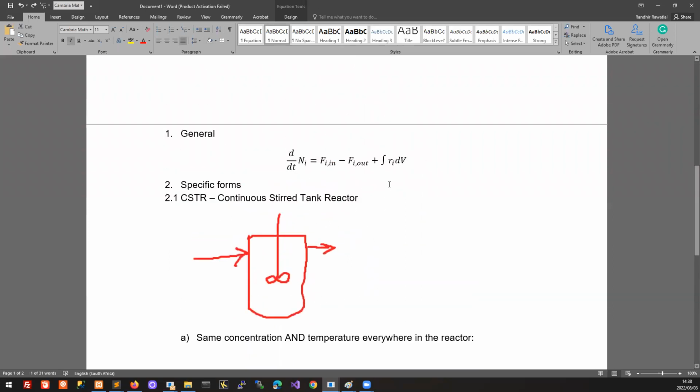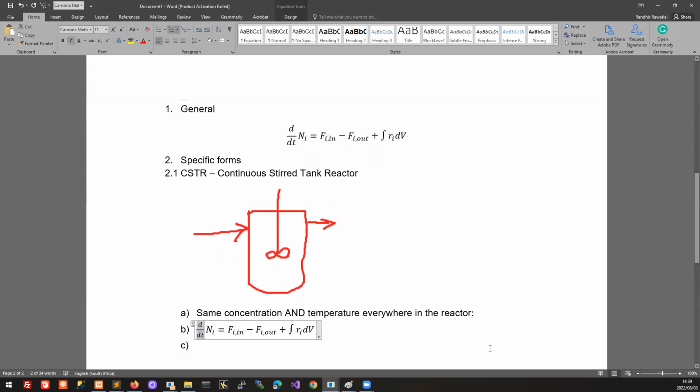So the first thing is the rate is independent of the volume. And so this becomes nice and easy. Now, instead of having to worry about these cubic millimeters and adding them all up, we can just take the rate as a constant with respect to volume. And so it's simply r_i V. Our equation simplifies to r_i V.